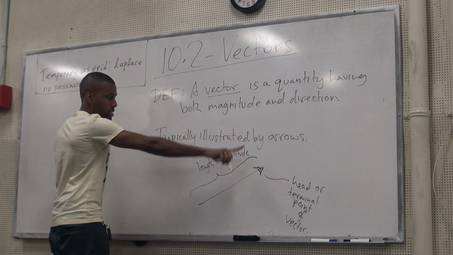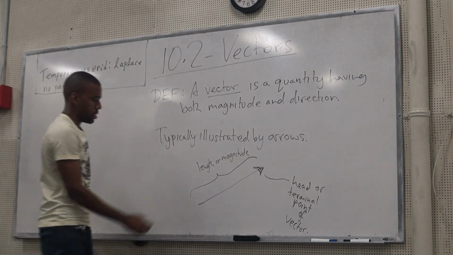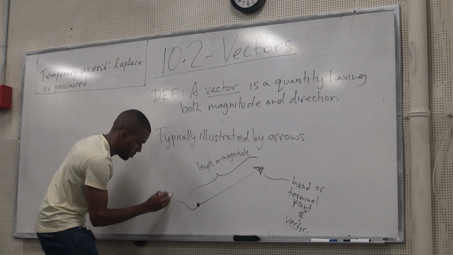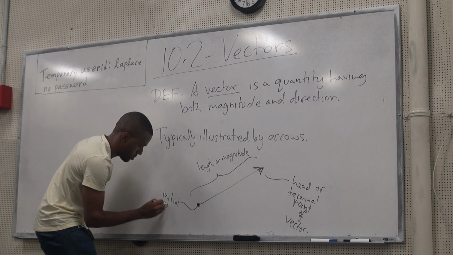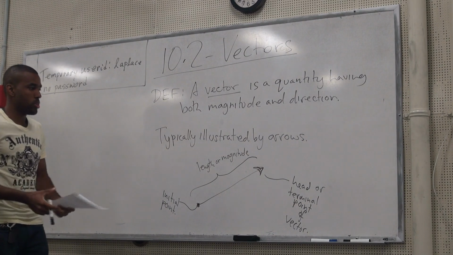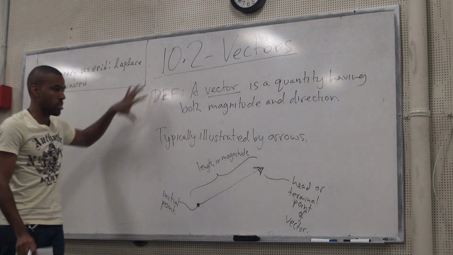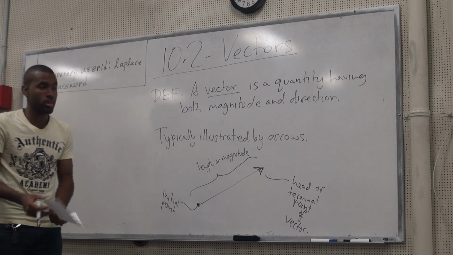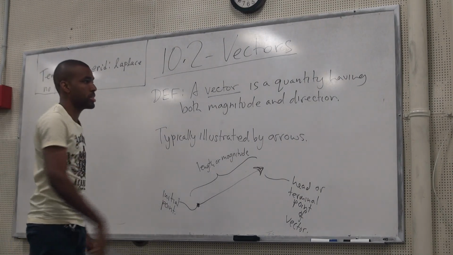Right? So the arrow is telling you what direction it's going in. This is the initial point. It doesn't matter where you base the vector. Vectors are fluid. You can move them all around. You put them wherever they're convenient for you to put them, right? But you can draw them as arrows.